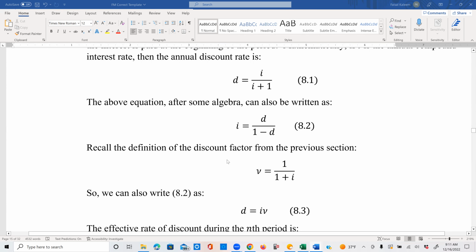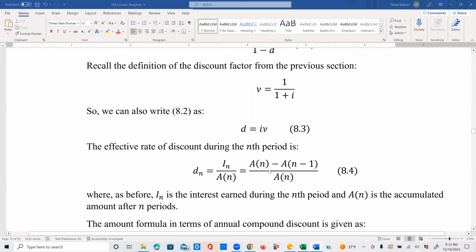Now, also recall from the previous section that the definition of the discount factor is nu is equal to 1 over 1 plus i. So 8.2 can be written as d is equal to i times nu. And the effective rate of discount during the nth period, let's call it d subscript n, equals the interest earned during the nth period divided by the accumulated amount after n periods.